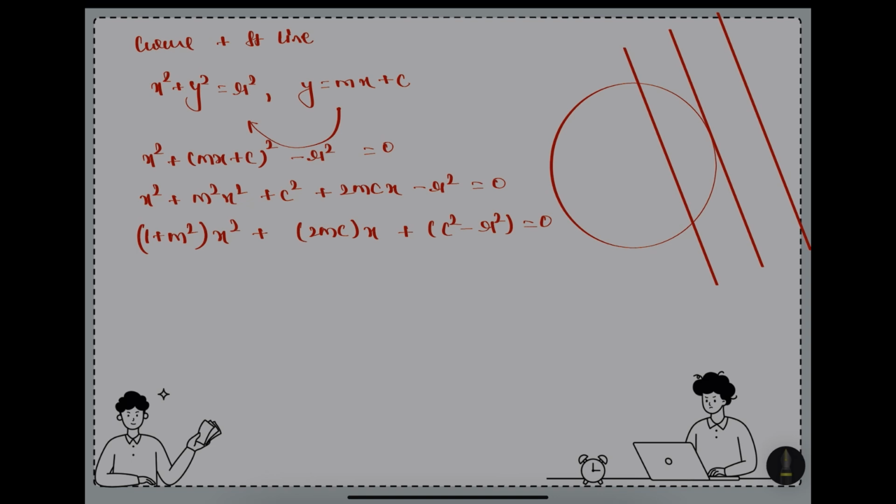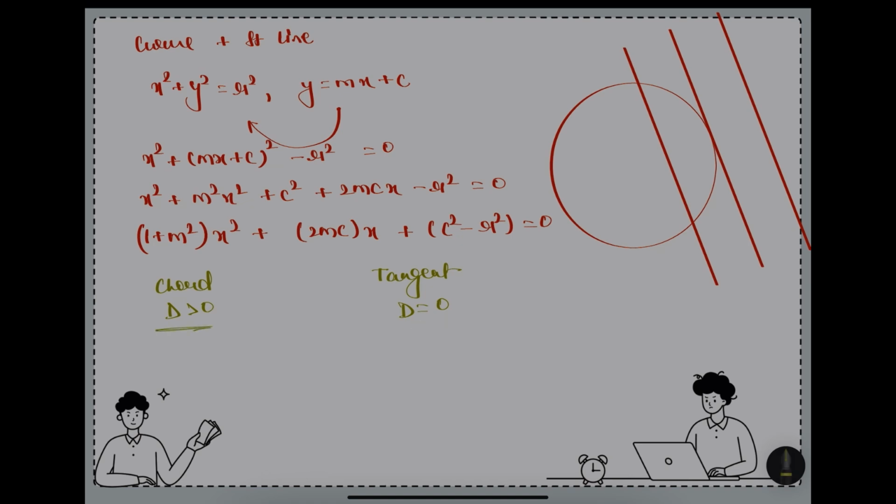Now suppose that we are interested in a chord. Then you have to make sure D should be greater than 0. If you are talking about a tangent, you have to make sure D should be 0, because here you will have real and equal roots, meaning one touch.